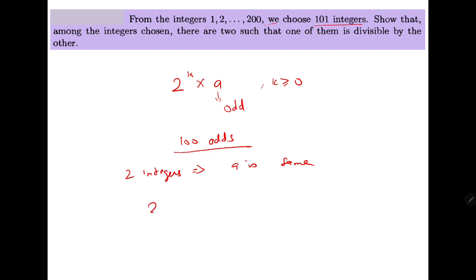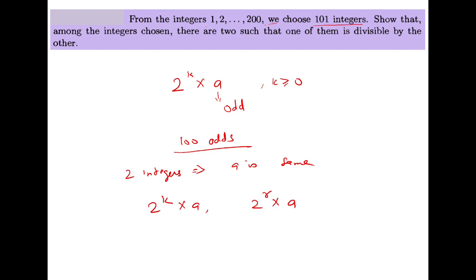So there are two integers, one let's say 2 raised to the power k times a, and the other 2 raised to the power r times a. Yes, because you have to choose 101. So when you choose 101 integers and write each one of them as 2 raised to the power k multiplied by a, at most 100 values of a can be distinct.